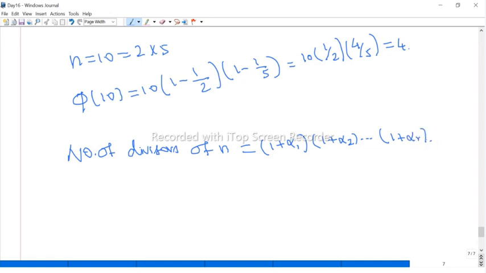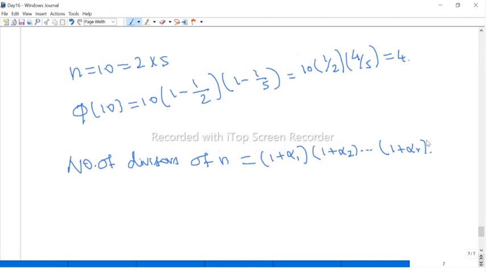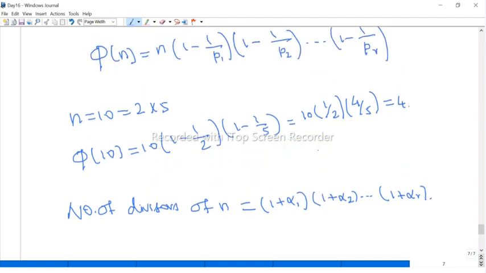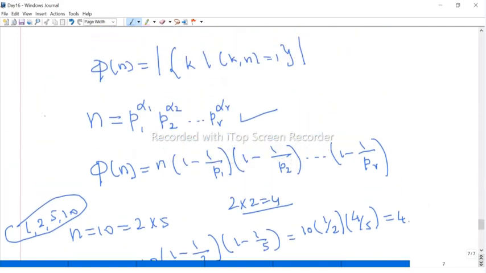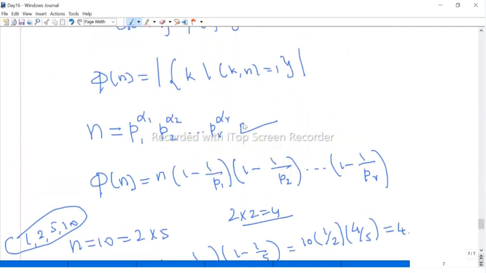For example, in the case of 10, the power is 1 and this power is 1, therefore 1 plus 1 is 2, and 1 plus 1 is 2. There are 4 divisors for 10. What are the divisors of 10? 1, 2, 5, 10. So only 4 divisors. This formula is very important. We should know the factorization of any natural number.